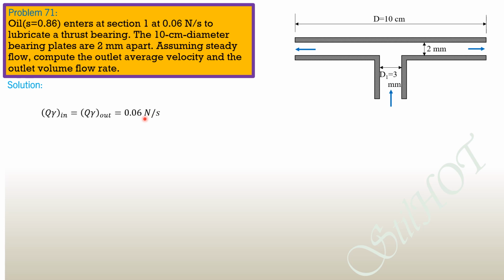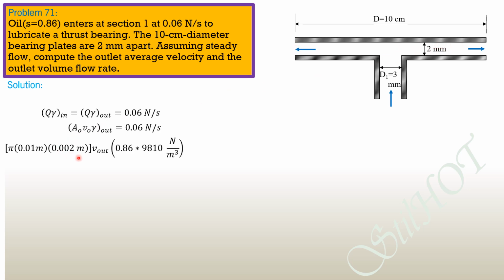But because this is given, from here we can compute Q, because gamma is 0.86 times 9,810 newtons per cubic meter. So area out times velocity out times gamma out equals 0.06 newtons per second. Area out is, as I said, circumference times thickness. So pi times 0.1, that's the circumference of the cylinder. This is a cylinder of height 2 mm.